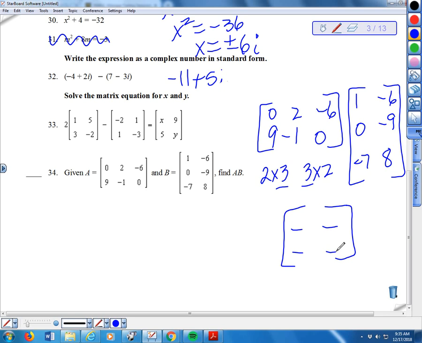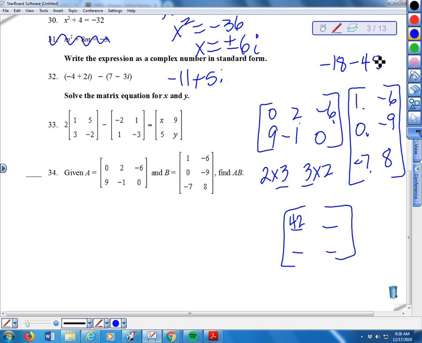So I take 0 times 1 is 0. 2 times 0 is 0. Negative 6 times negative 7 is positive 42. 0 times negative 6 is 0. 2 times negative 9 is negative 18. Negative 6 times 8 is negative 48.